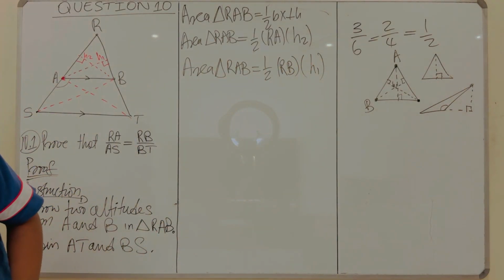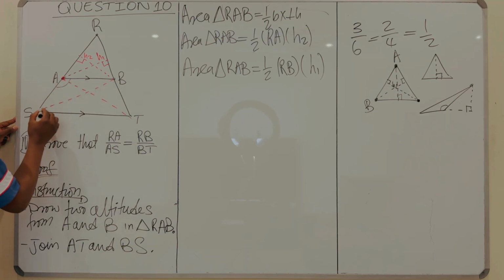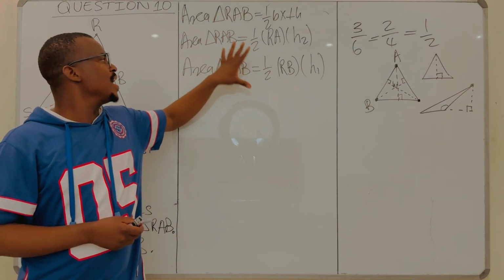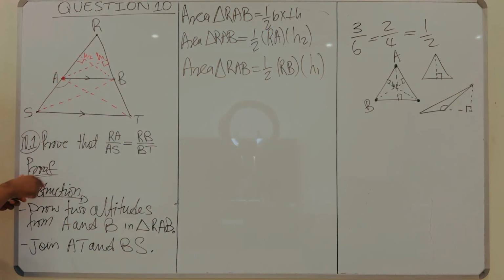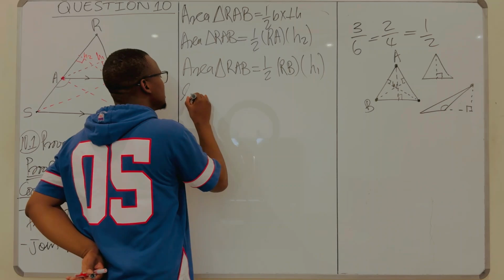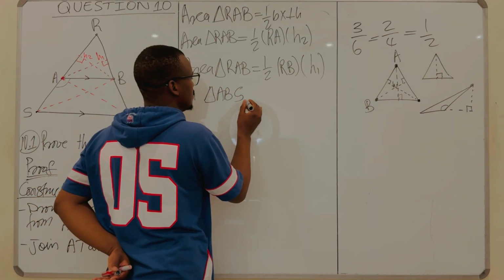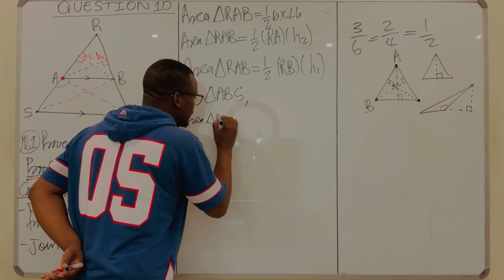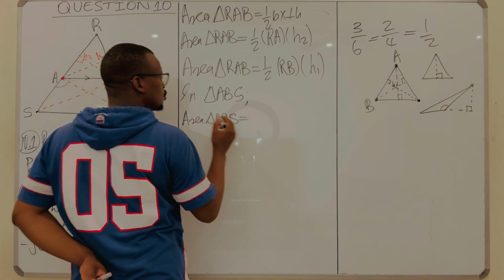So what we're going to do, we're going to calculate the area of triangle ABS, because we want to have another area that we will be able to relate to this. So let's find the area of triangle ABS. So we say in triangle ABS, the area of triangle ABS is going to be half base.